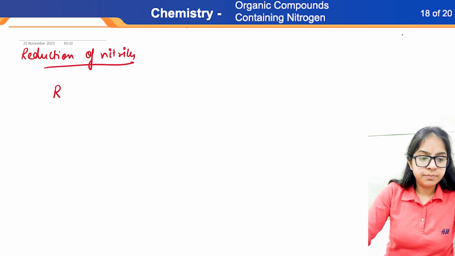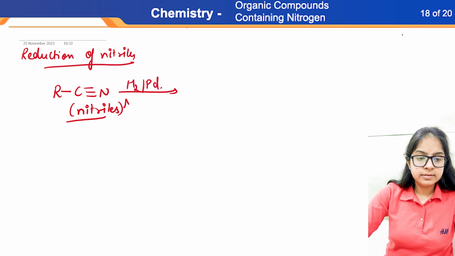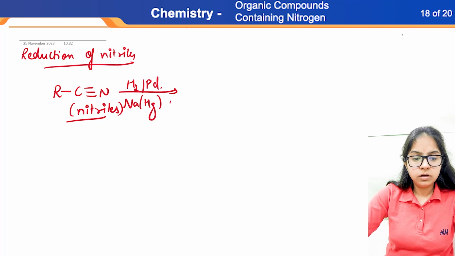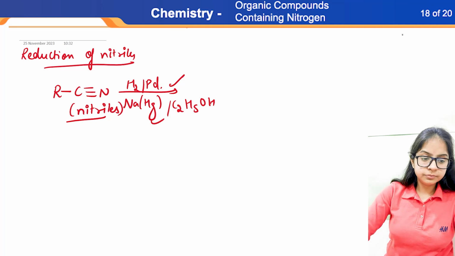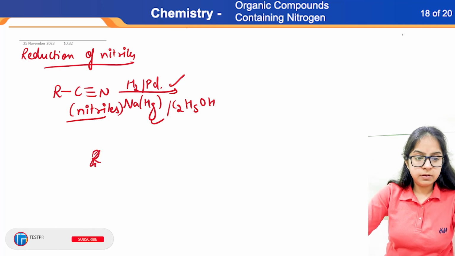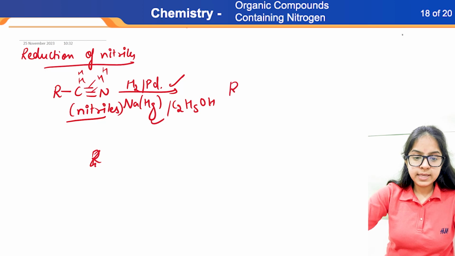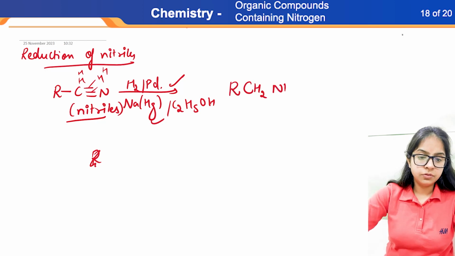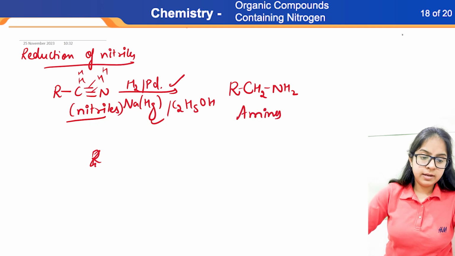R, C triple bond N, and these are nitriles. In the presence of hydrogen with palladium, or sodium amalgam in ethanol, both of these are reducing agents. You can use any one of these. In the nitrile, this double bond is going to break, hydrogen comes over here, another double bond is going to break, hydrogen, giving CH2 and NH2. This is an amine. Preparation of amines from the nitriles.